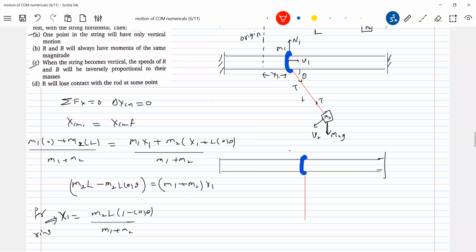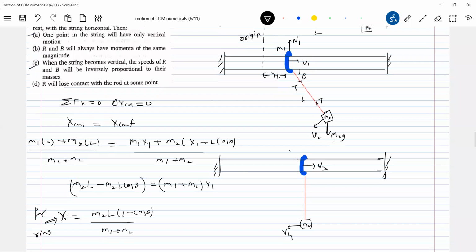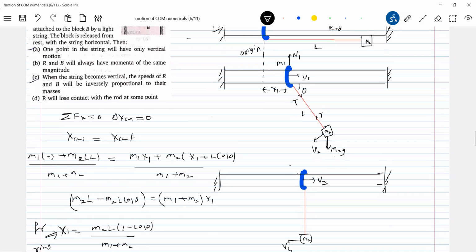So here there's a block M2, and here it will have V1, V2, I'll write V3, V4. How to get the speeds and all other things? This is about that center of mass we brought in. Now let's get into the speed.